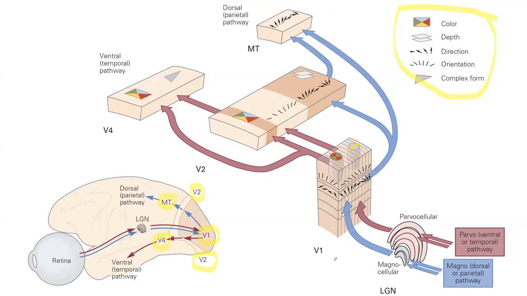This is now a map where we can look at the different layers, and within the different layers, we can see what features are processed. The explanation of the two visual pathways starts with the LGN, which was, as I mentioned, a relay station within our brain.